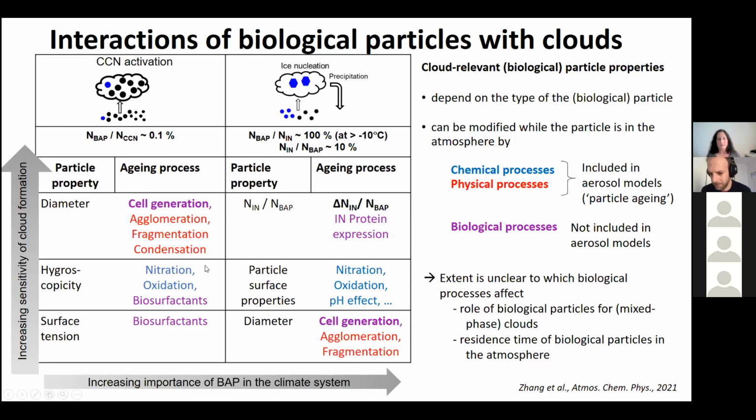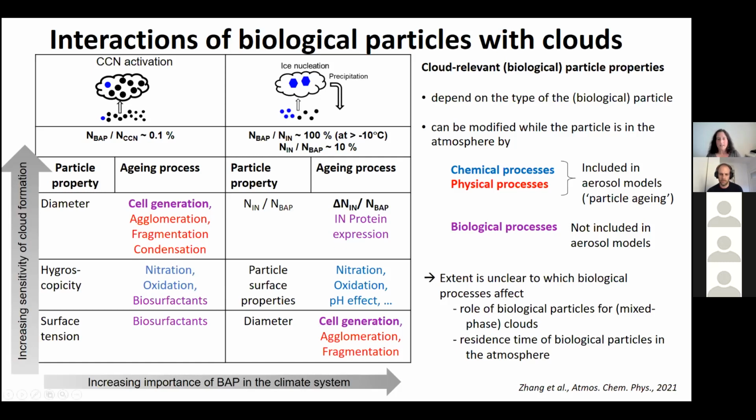There are a lot of chemical processes and physical processes which are described to some extent in models, but also there are processes like biosurfactants. So bacteria produce something to attract water. We haven't really explored that, but that might be a possibility. We also want to explore how biological particles interact with water.